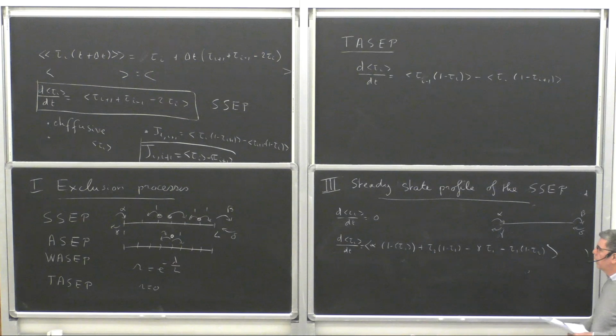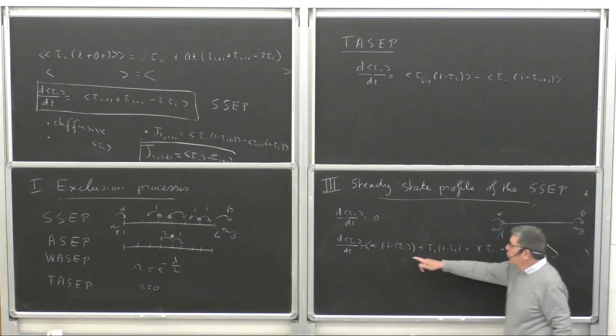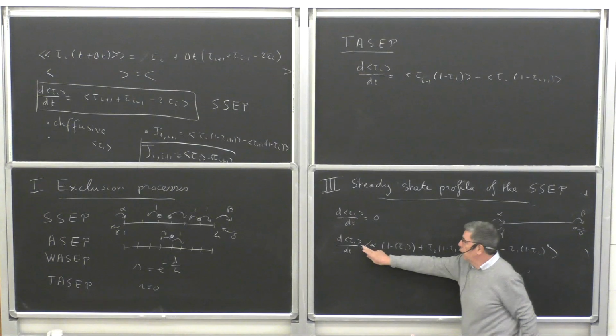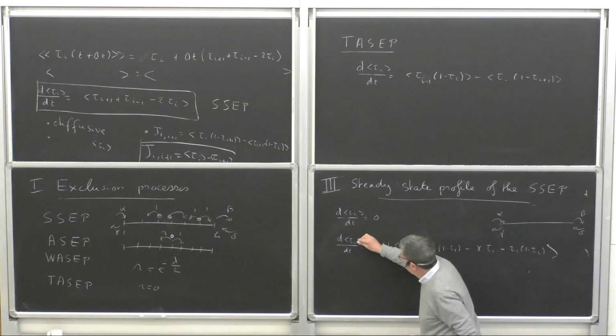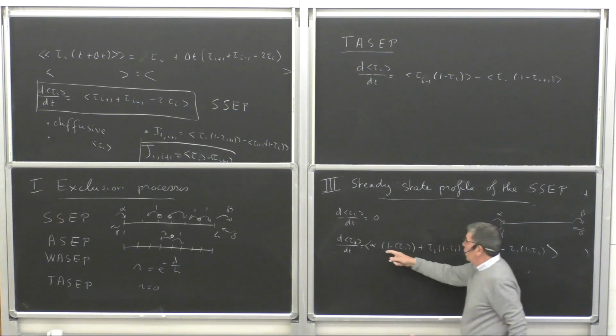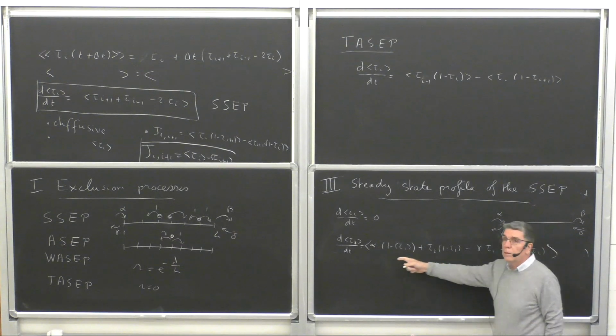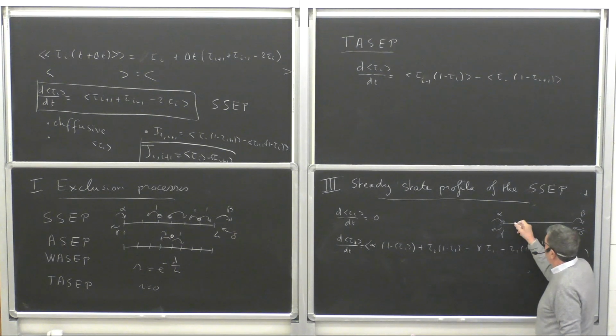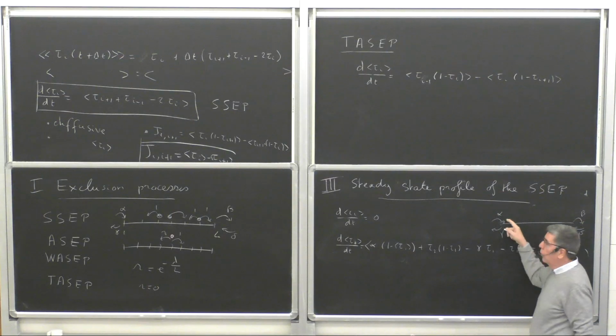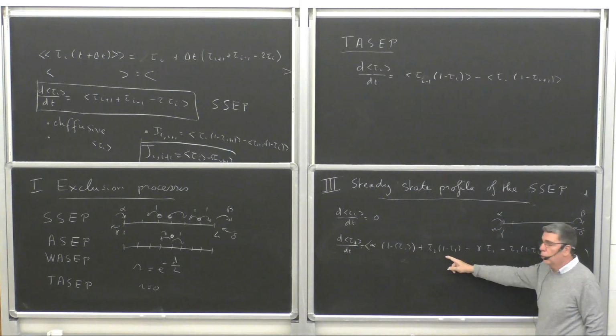So how can I understand this? I can write it directly because, at site one, τ_1 can increase if it was empty and a particle entered, this is the first term, or it was empty and a particle came from site two, this is the second term.